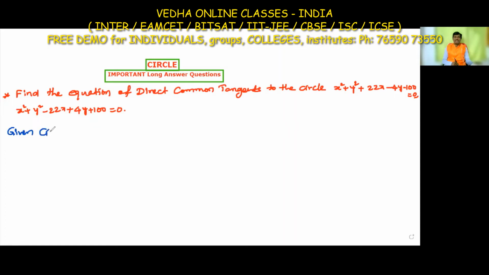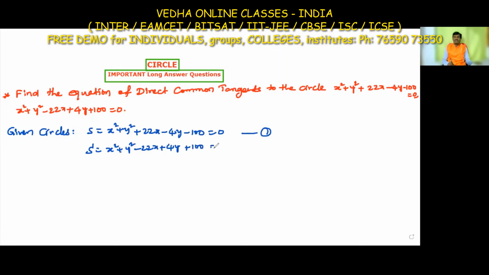Given circles: I am taking the first circle as x square plus y square plus 22x minus 4y minus 100 equals 0. This is equation number 1. I am taking the second circle as x square plus y square minus 22x plus 4y plus 100 equals 0. This is equation number 2.